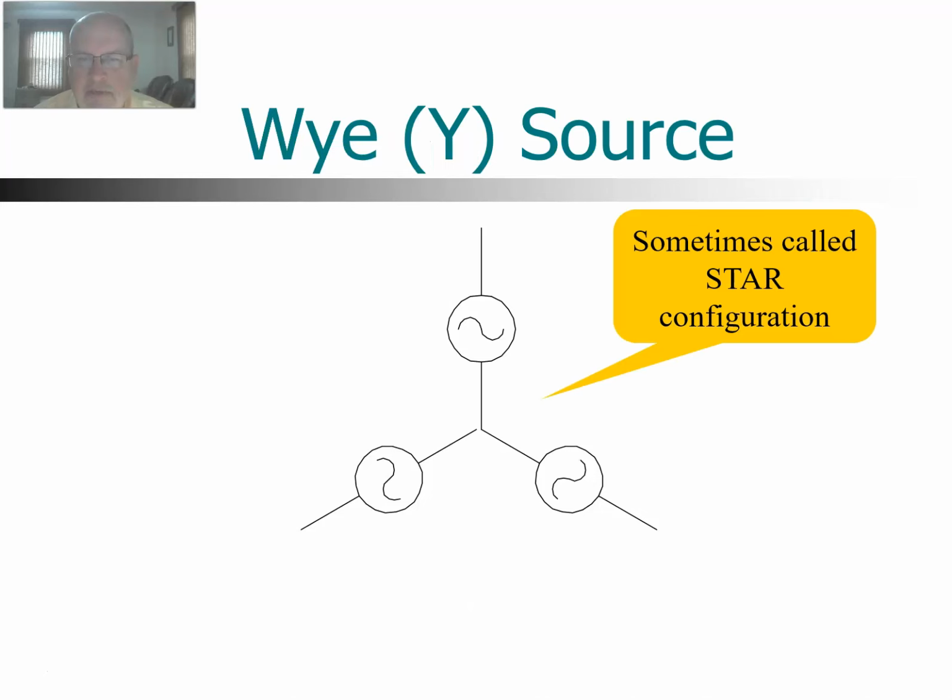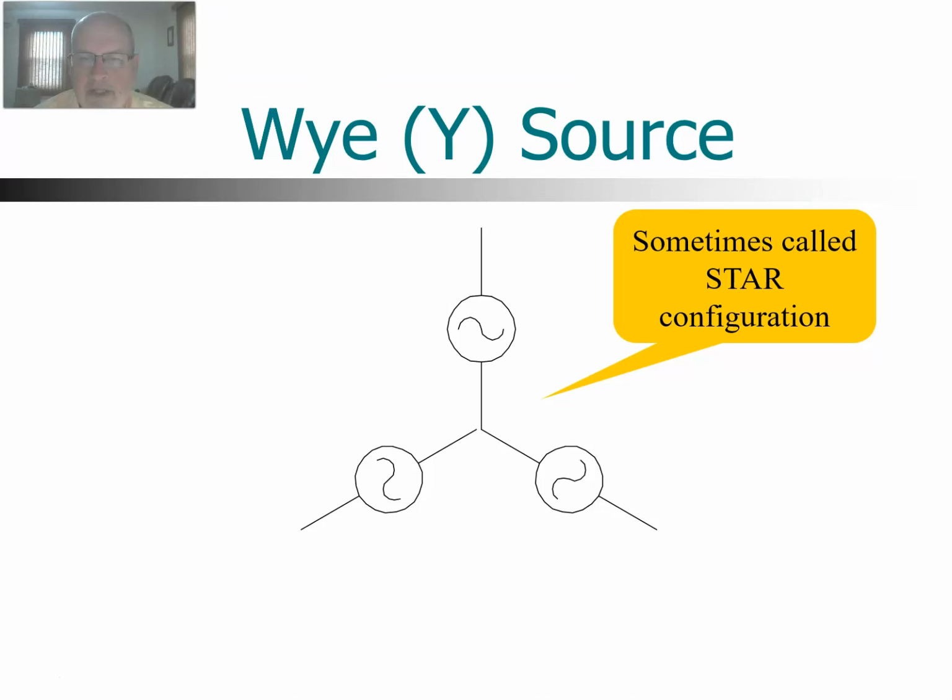How do we hook these generators together? We can hook them up in this configuration, which is called a Y source or a star source. Star and Y are used interchangeably, and it's basically just taking one side of each generator and tying them to a common point, and then the three phases would be the other side of each generator.